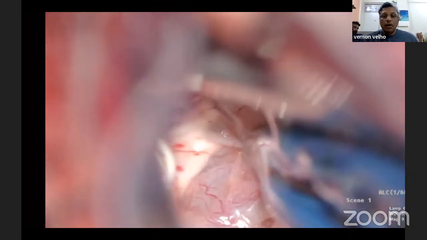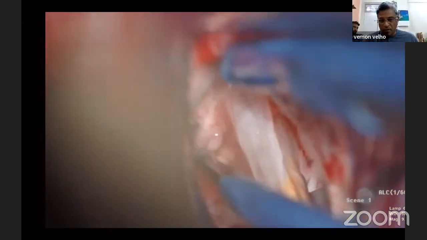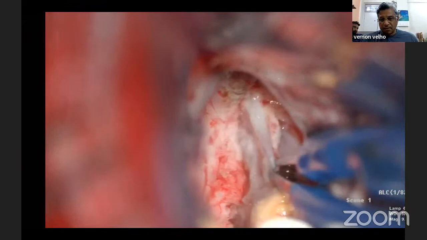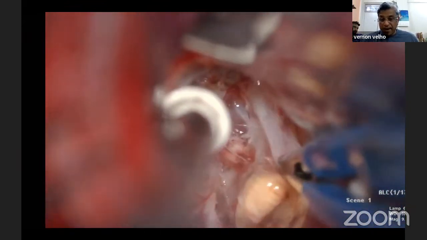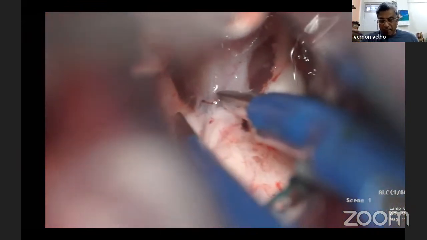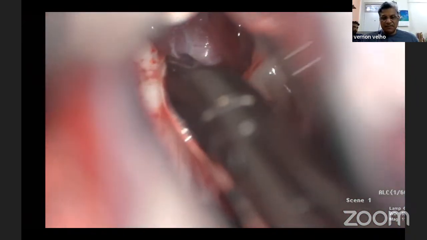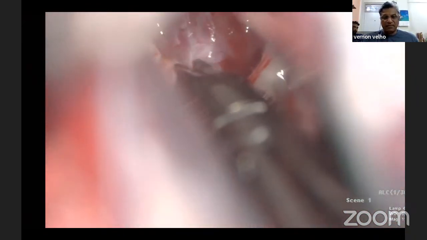The more you coagulate, the worse; first dissect all around, and then coagulate only the choroidal vessels, which are mostly posterior inferior in the foramen, where the choroid plexus enters the foramen of Monro from the lateral ventricles.